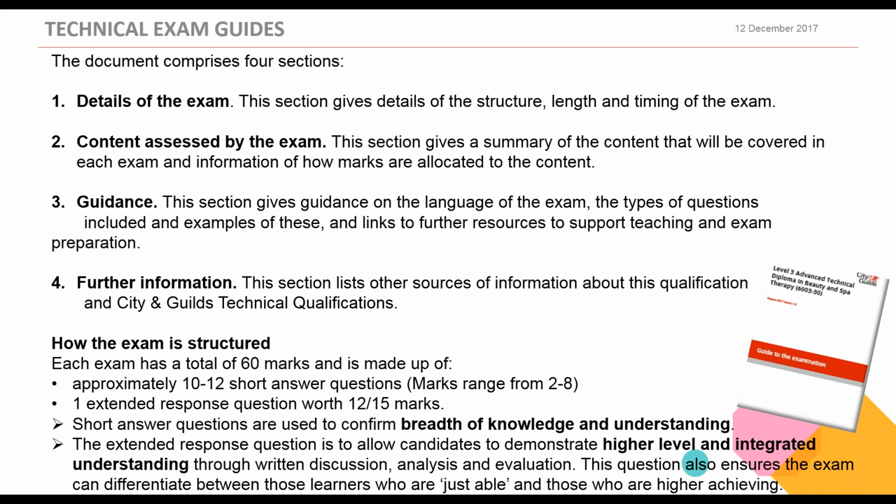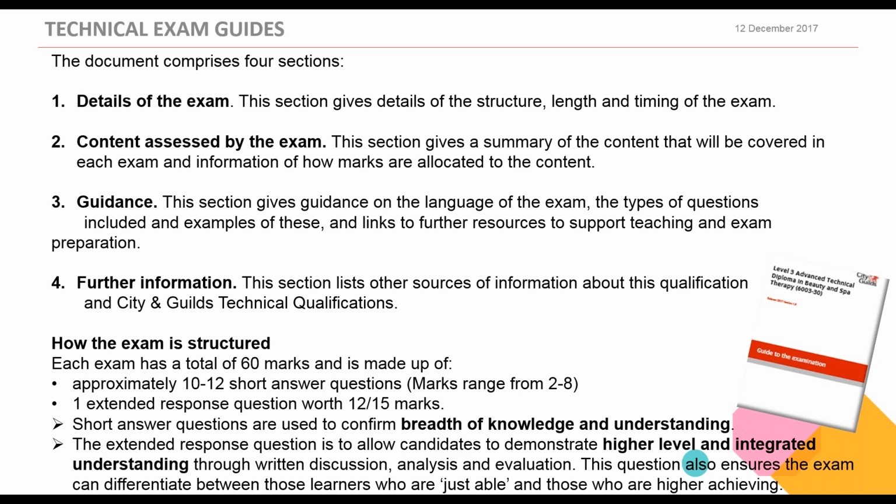If you go into your documents, into the level and into assessment, these exam guides will be found right at the bottom of all your documents, and there will be one for every technical qualification. So we're going to go through the makeup artistry with you today.